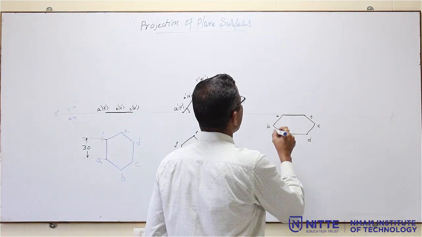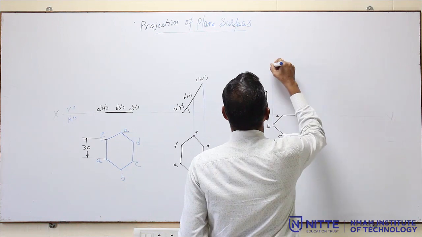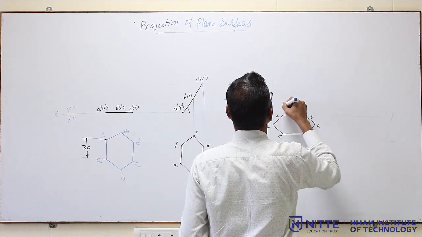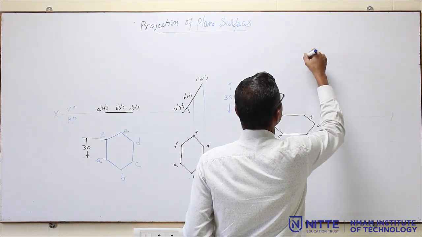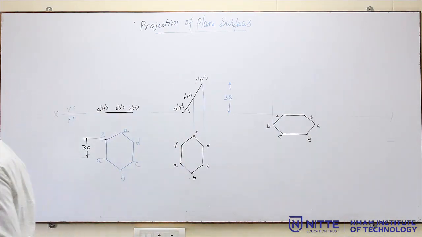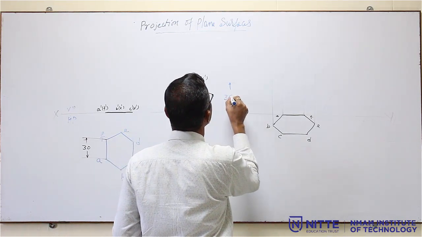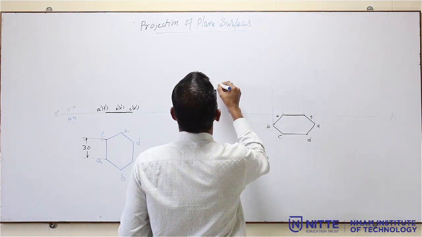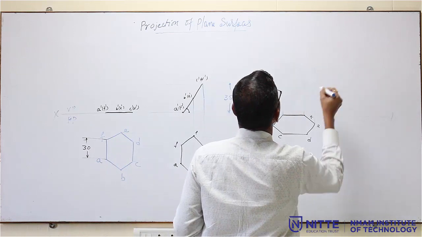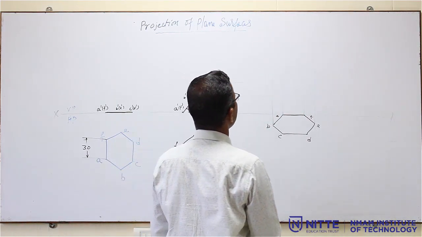Now, you project up all the points and project horizontally, and mark all the 6 points.